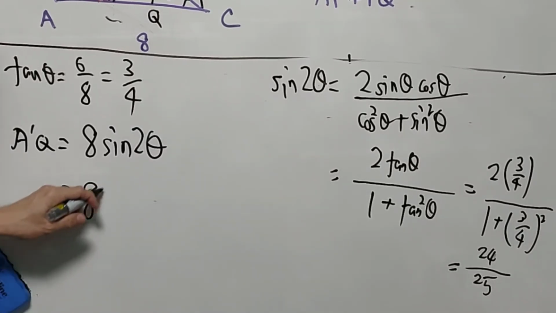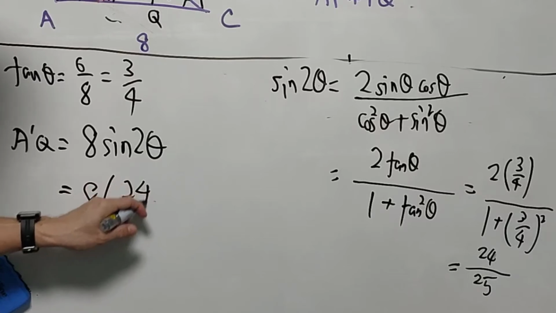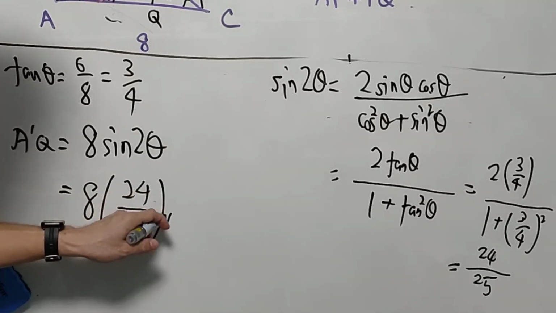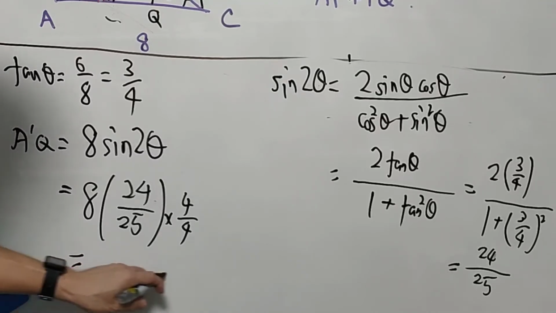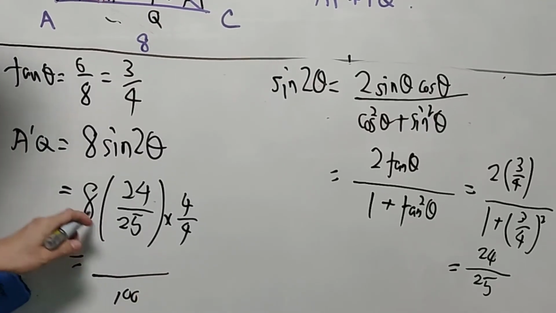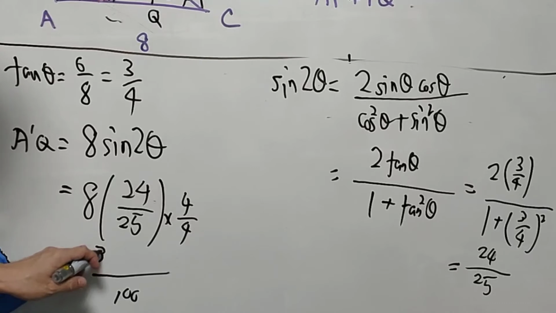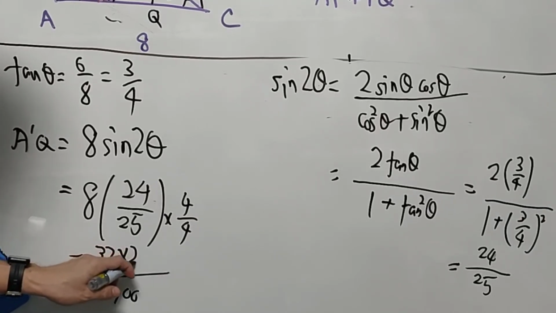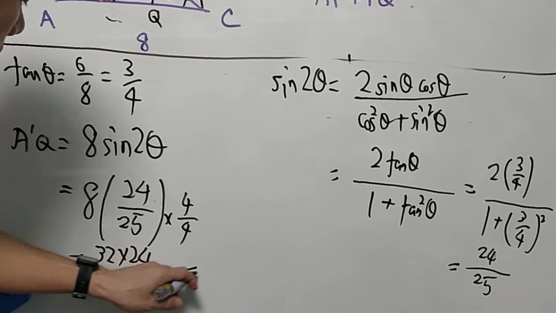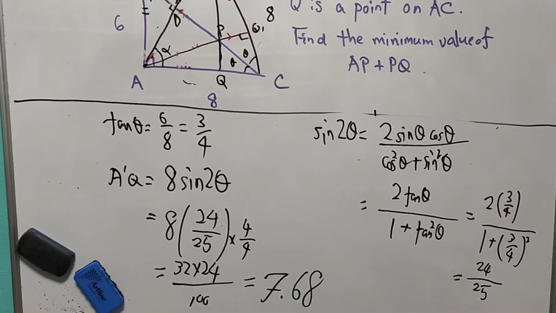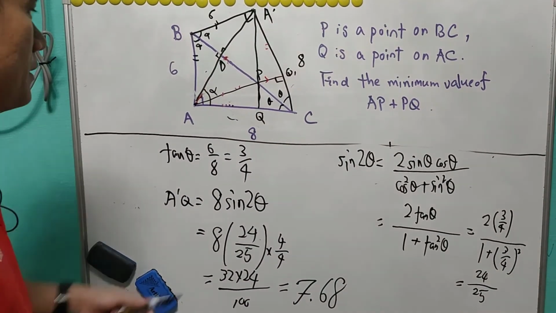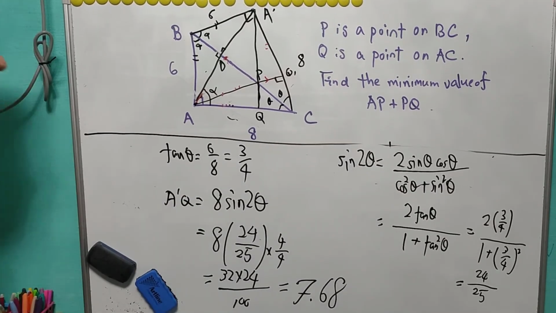So this is 8 times 24 over 25. We multiply with a 4 over 4, so that this equals 100. And again, this is 32 times 24, and this is again 7.68. So this is another method using trigonometry.